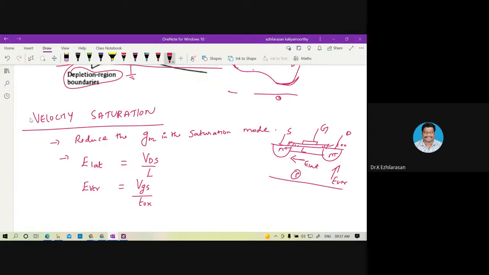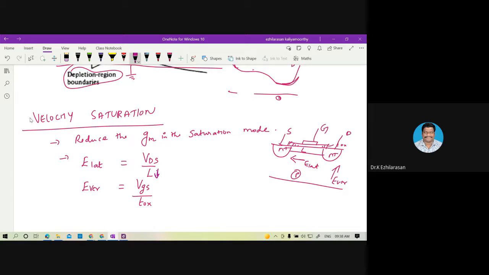Now we can see what will happen. Simple logic: as the length L decreases, with VDS constant, just assume VDS is constant.